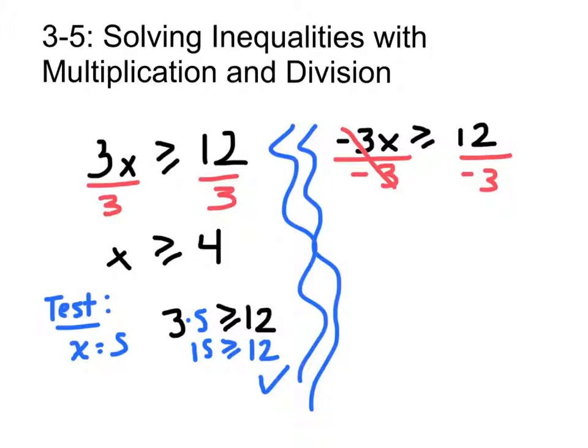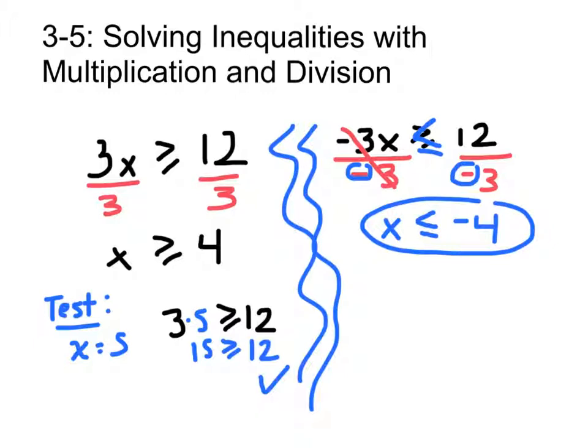Since I am dividing by a negative number, this also forces a flip in the inequality sign, so that I move from greater than or equal to less than or equal to, and it's going to be negative 4. This change in inequality sign comes as a result of dividing by this negative number. Since this changes the sign from positive to negative, I also need to flip the inequality.